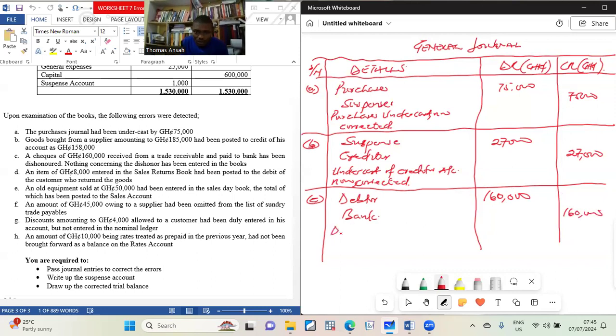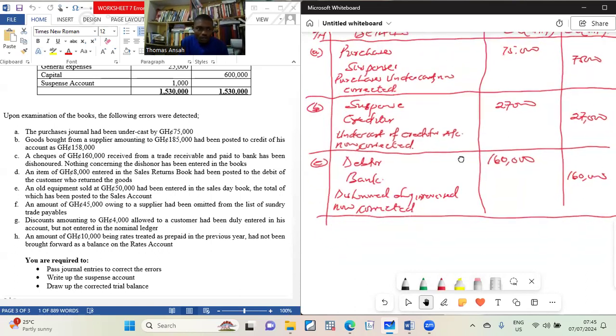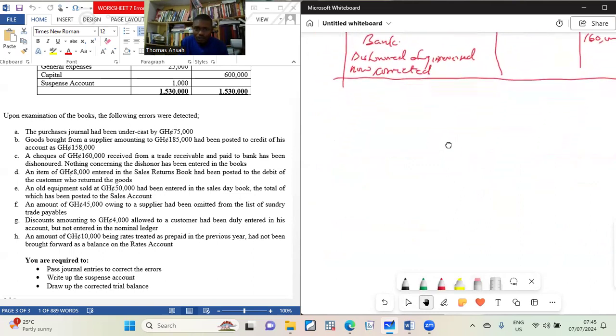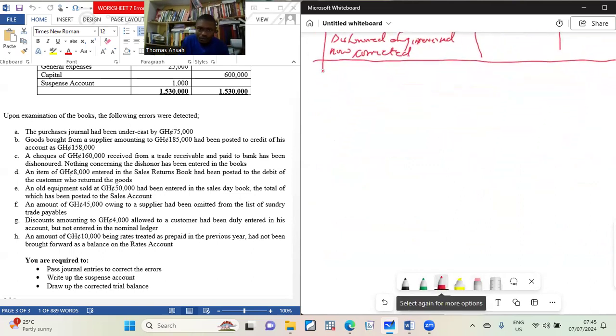So this dishonored check, reversed, unreversed. So we have corrected it now, corrected. That's all. We come to D. Let me draw this thing a little longer.